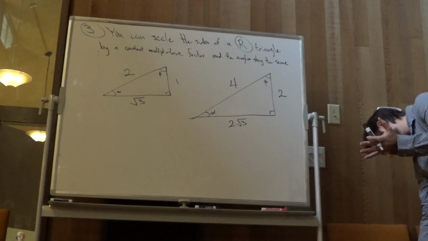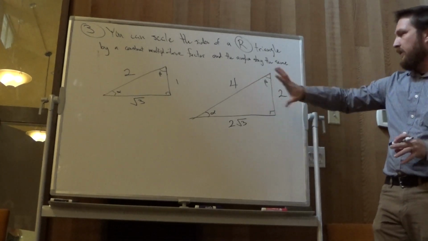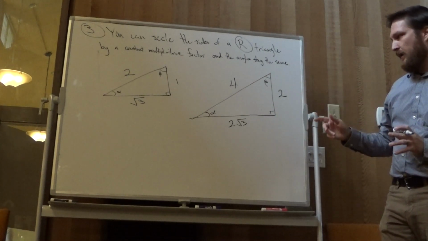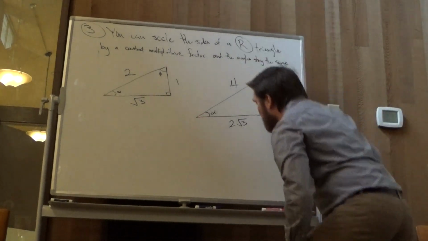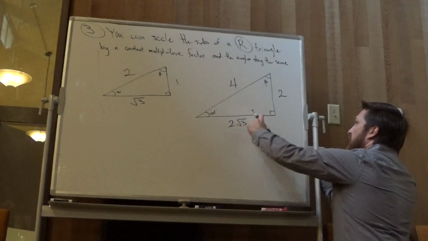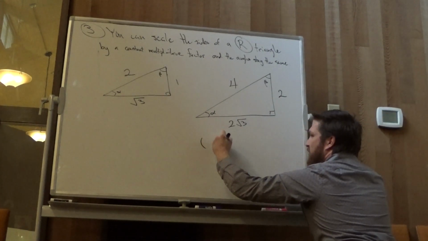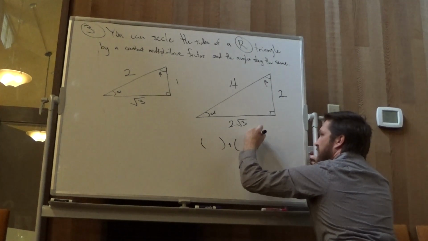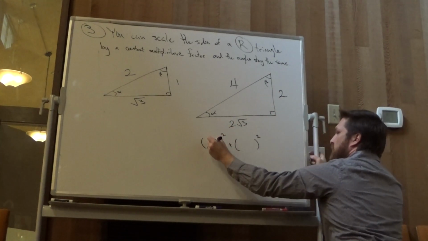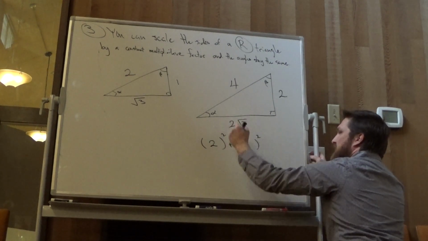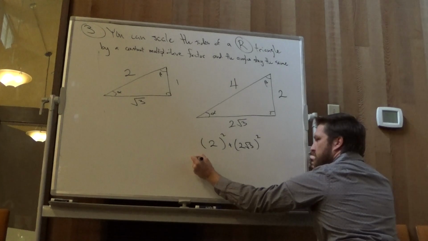So how do I want to do this? Is this legit? The first thing I want to check is, is this indeed a right triangle? To do that, let's just use the Pythagorean theorem. If I do that squared plus that squared, do I end up with that squared? I'm going to keep this consistent and do it the way that I have been doing it. A, in this case, is 2, plus b squared, where b is 2 root 3. So what's 2 squared? 4.